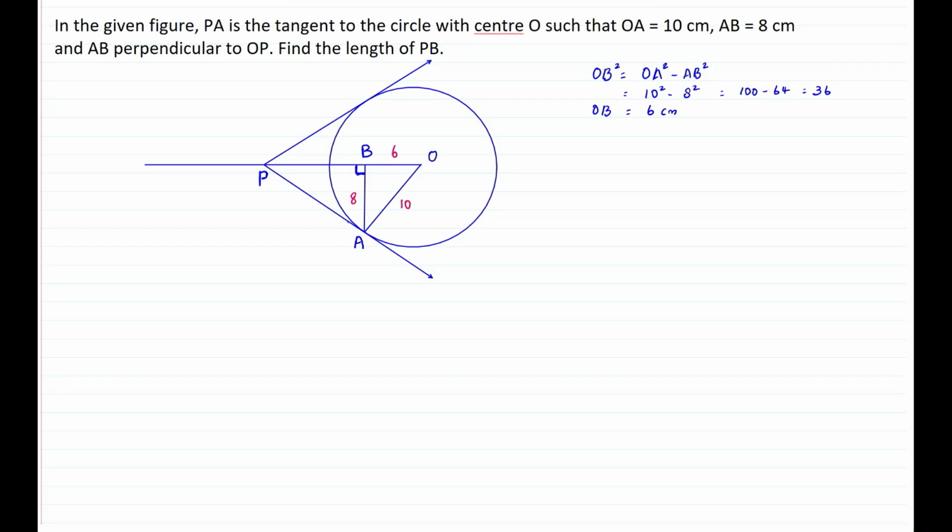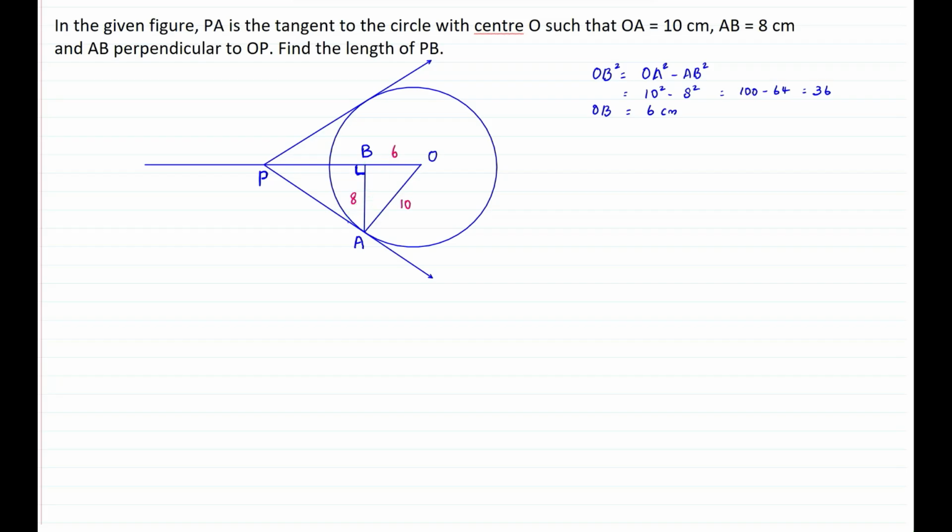Now let's take similar triangles. What is important in similar triangles is that writing the order of the triangle is very important. You cannot write whatever you feel like, because these two triangles are not mirror images. You cannot just write that triangle OPA is similar to ABP. We already know these two triangles are similar because they have a common angle O, and angle B in this triangle is equal to angle A in this triangle.